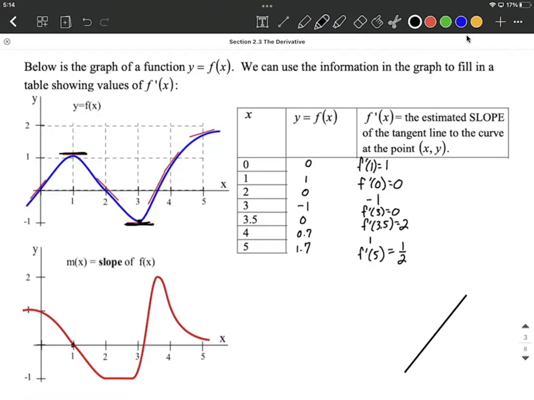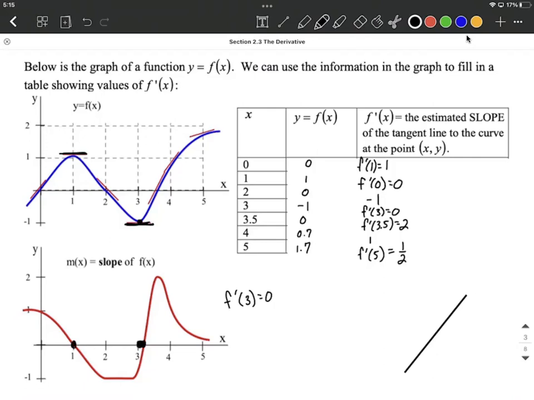So I'd start out here at 1, 0, right? The slope is going to equal 0. And then it looked like we had one here at the bottom, right about 3. I guess our graph has it just past 3, but I'm going to say right around 3. It would cross the x-axis also. So f prime of 3 we said equaled 0. That corresponds with basically this point. I'll stretch it out a little bit there.